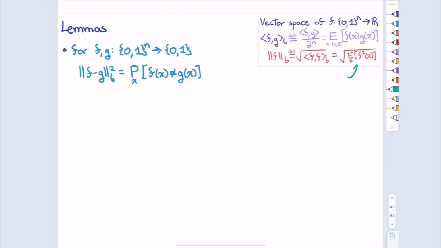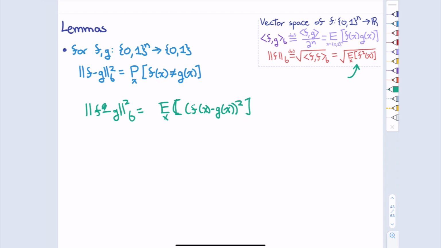If we plug into this, it's a 1, 0 function.